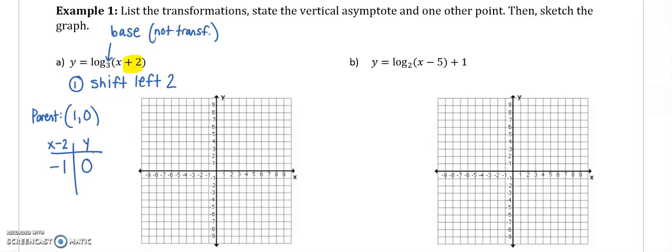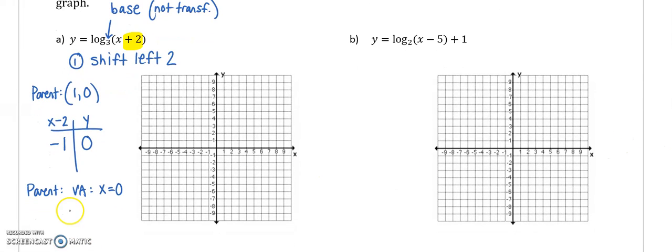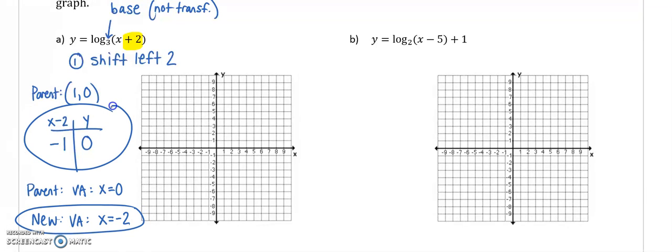And we can do the same kind of thing with our vertical asymptote. Our parent function has a vertical asymptote of x equals 0. I'm shifting it left 2. Left 2 does affect x, so now my new vertical asymptote is going to be 0 minus 2, so x equals negative 2. So new vertical asymptote, new point.